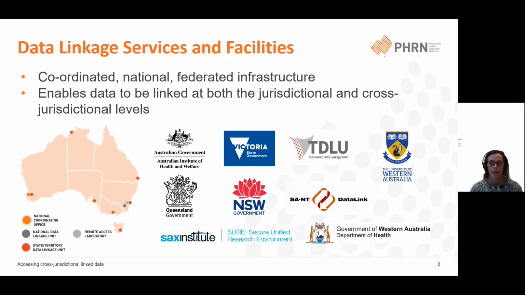But the PHRN comprises a network of project participants and data linkage units located in each Australian state or territory, within government or academic institutions, in addition to a national data linkage unit.